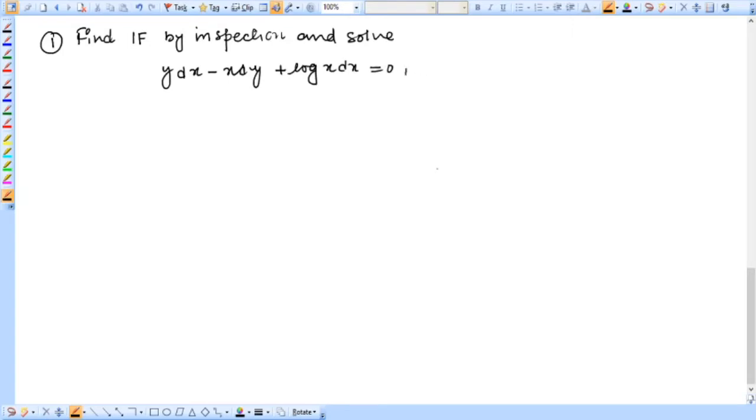Here x should be greater than 0 because log x is not defined for negative numbers.